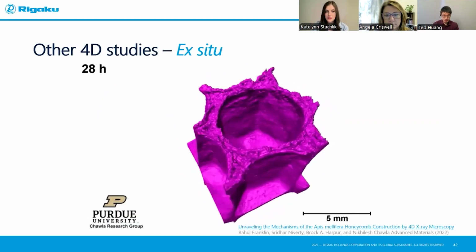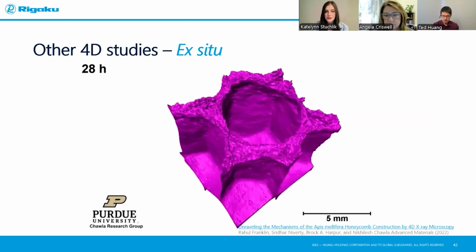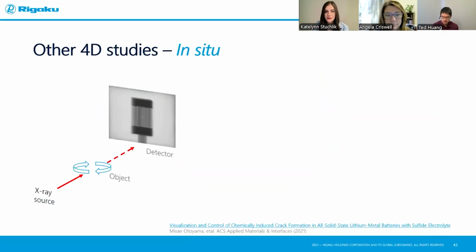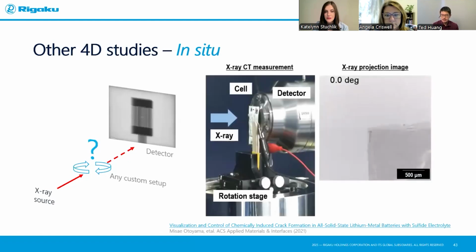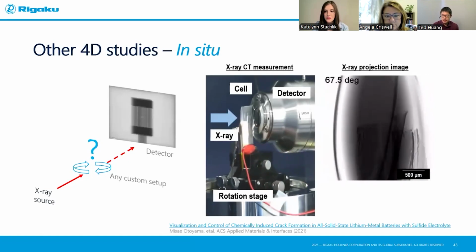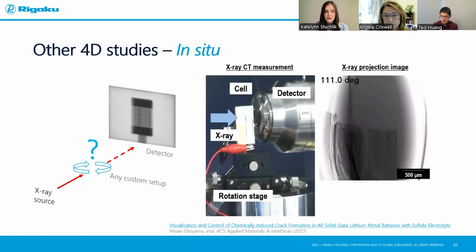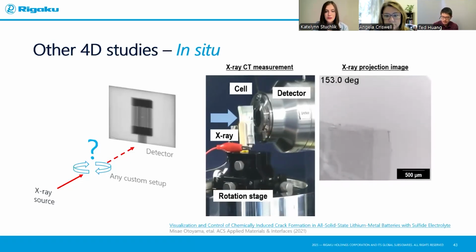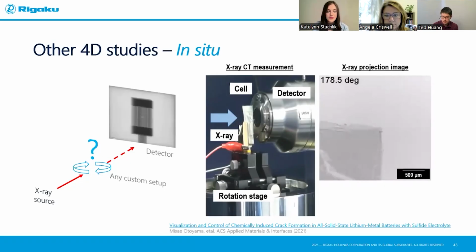Now, you can still do in situ if the factors you want to control can be designed to fit into the chamber. Now, this is an in situ example, again, coming from the previous example I mentioned, the battery operando study. So in this case, they put the charging and discharging cycle capability into the CT chamber. You can see here actually rotating and scanning the battery material live and looking at the structure while they're doing the cycling.